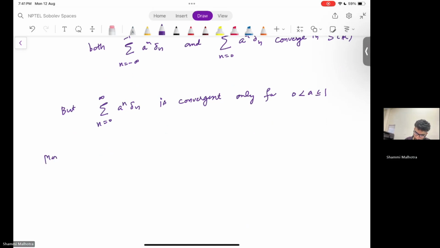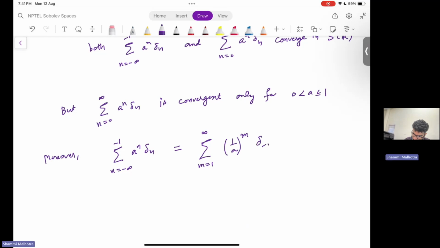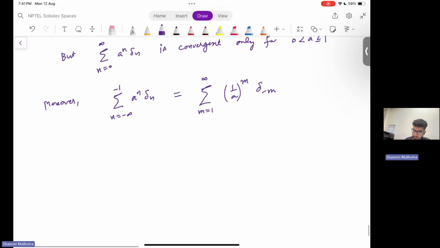Moreover, this summation n from minus infinity to minus 1 of a^n delta_n is nothing but the summation m from 1 to infinity of (1 by a) raised to the power of m delta_minus m. So this behaves similarly to the former series.